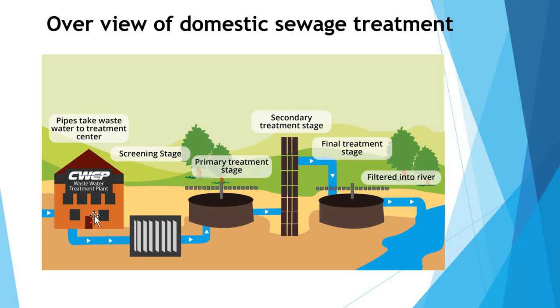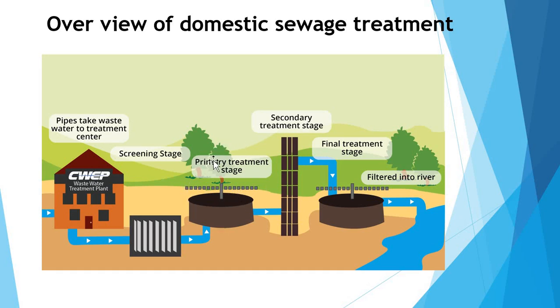From the treatment plant, the water enters the screening stage, in which the coarser particles are screened out, and from the screening stage it enters the primary treatment stage, in which the floating matters, the grits and the oil and grease are removed.